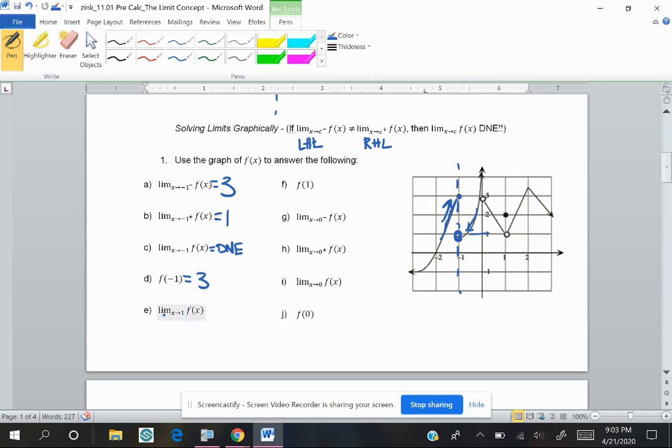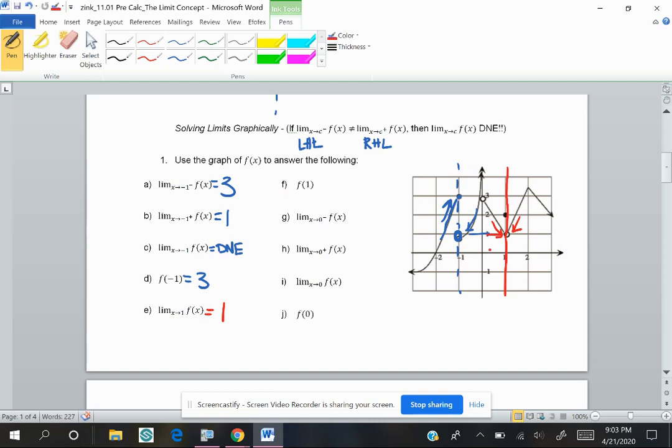Letter E says the limit as x approaches 1 of f of x. So x equals 1 is right here. It doesn't have a little plus or minus sign, so we need the left and right-hand sides to be the same. Is this approaching the same y value from the left side and from the right side? Yes, they're both approaching a y value of 1.